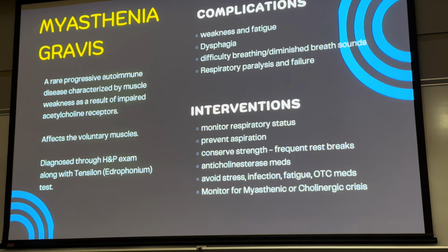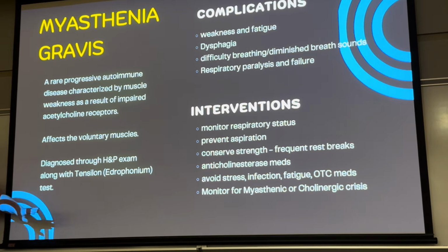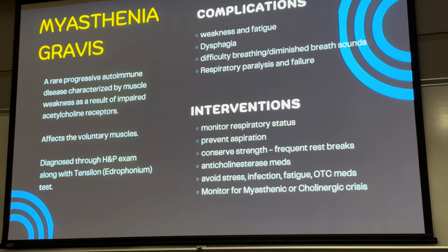That's gonna be a sign of a positive test. So it's a real definitive way of determining myasthenia gravis, this Tensilon or edrophonium testing, all right? If I don't have an increase in my muscle strength, then I'm gonna look at some other options. I may not necessarily have myasthenia gravis. Big things, respiratory status, prevent aspiration risk.